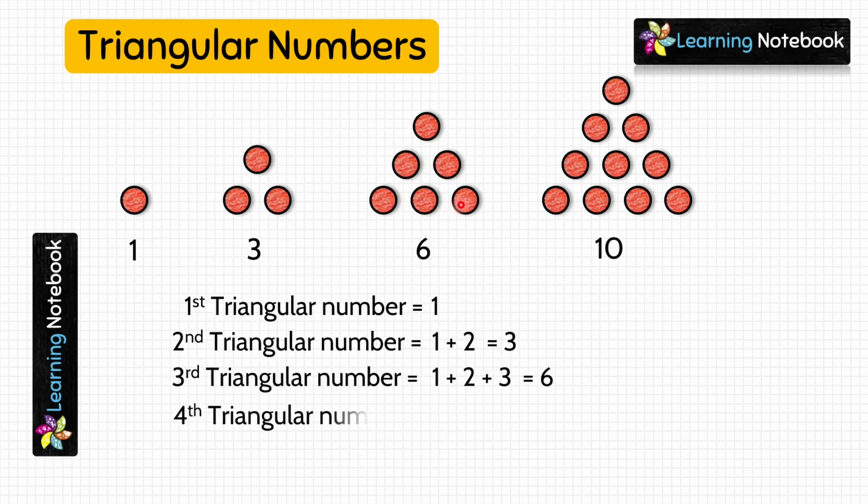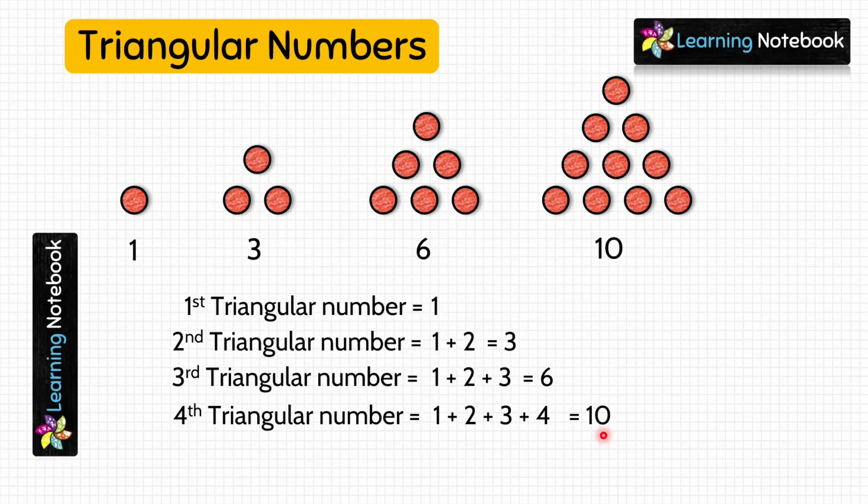And fourth triangular number is 10, which can be written as 1 bindi plus 2 bindis plus 3 bindis plus 4 bindis. So here we observe that first triangular number is 1, second triangular number is sum of first two numbers, third triangular number is sum of first three numbers, and fourth triangular number is sum of first four numbers.